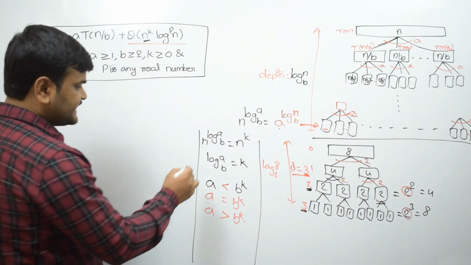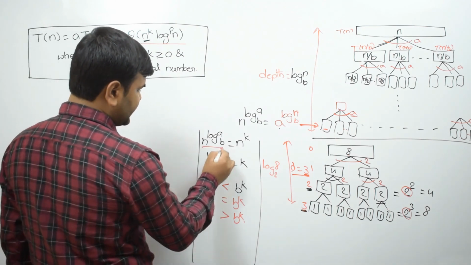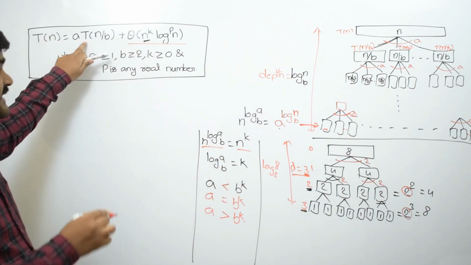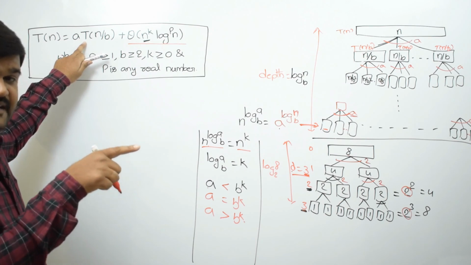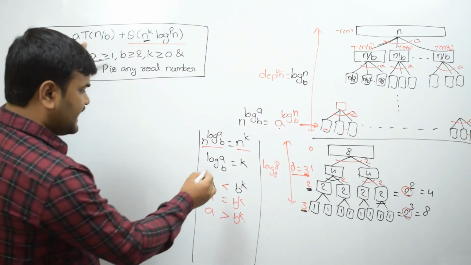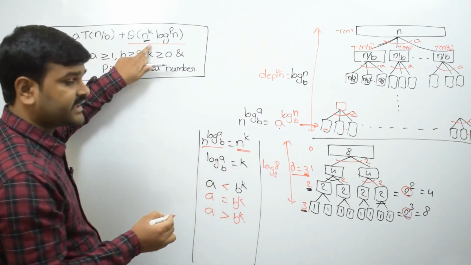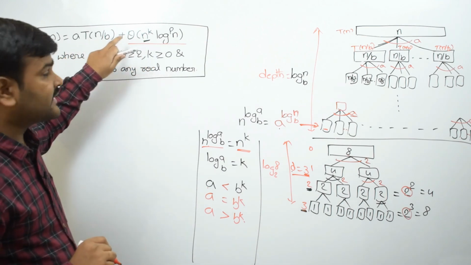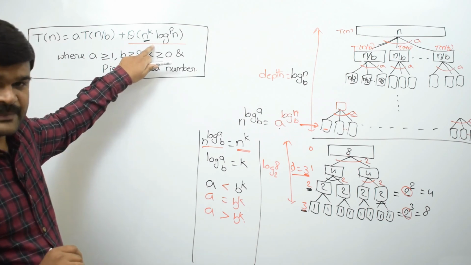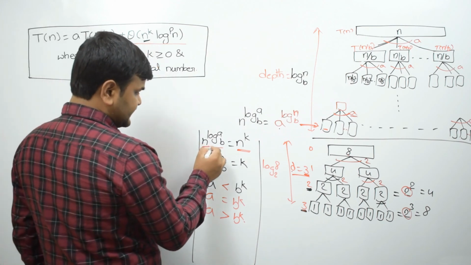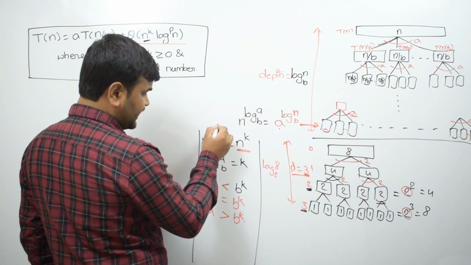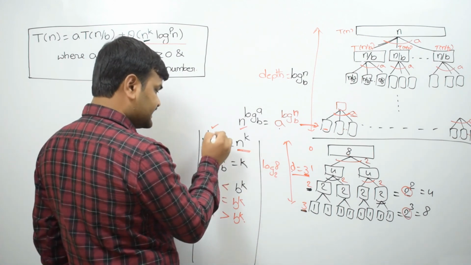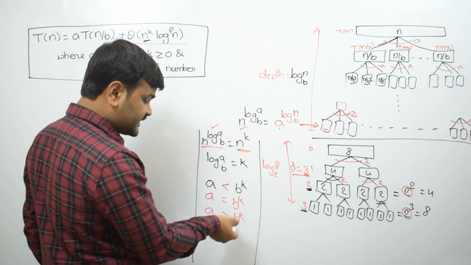Okay, so what is its meaning? Here, this is the time complexity for this part, that means the subproblems' time complexity, that is the recursive code time complexity, and this is the time complexity for the non-recursive code. So sometimes this may be larger than this one, sometimes this may be more than this one, or sometimes both are the same.